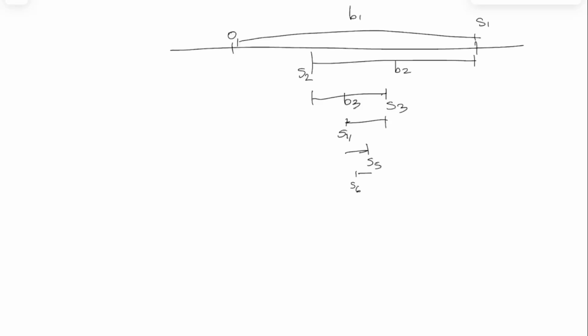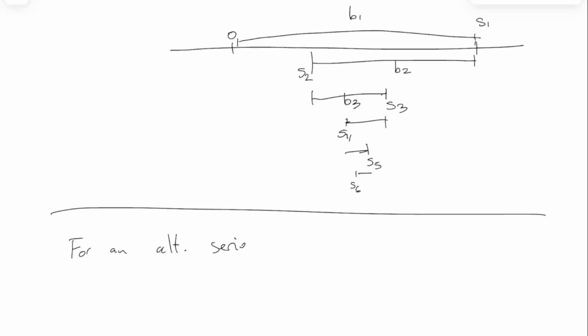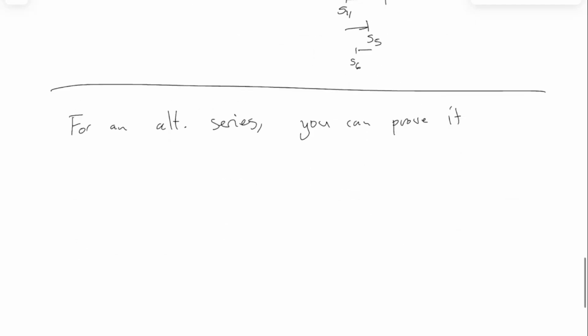All right. Anyway, let's try some examples with these guys. So here's the short version for an alternating series. You can prove it converges by showing two different things.